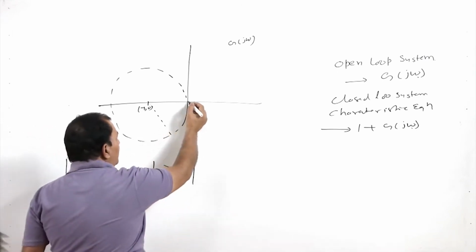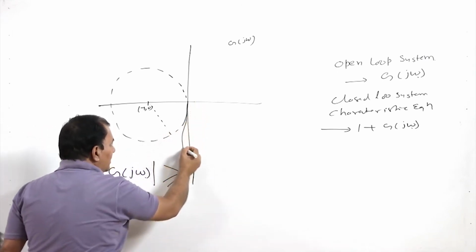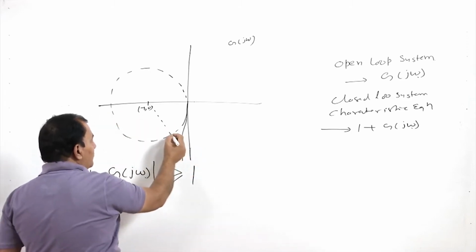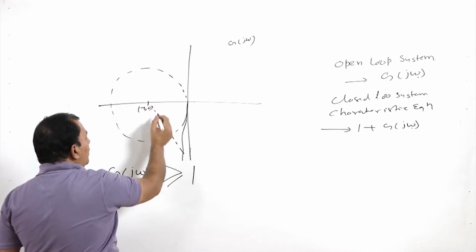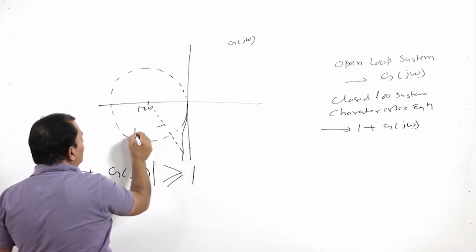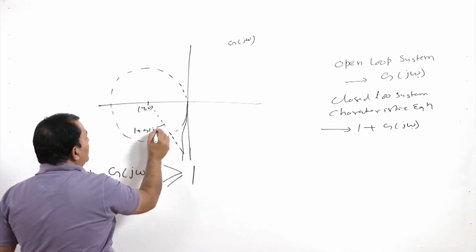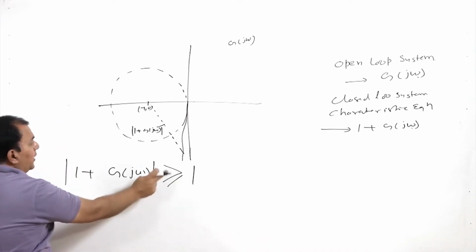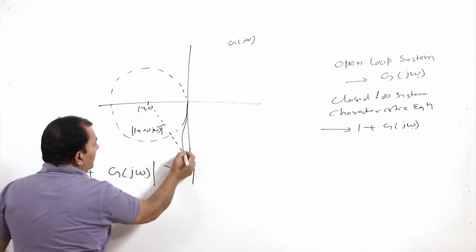This distance represents |1 + G(jω)|, so it is always greater than or equal to unity at any given frequency.